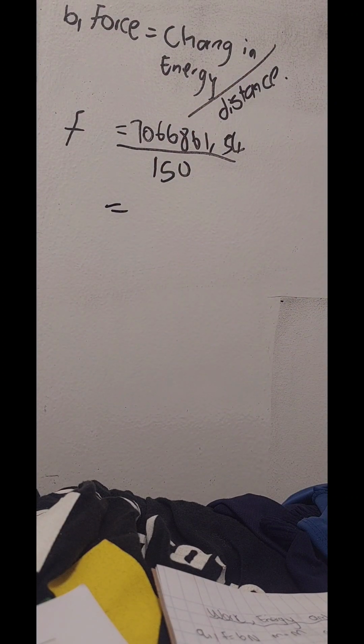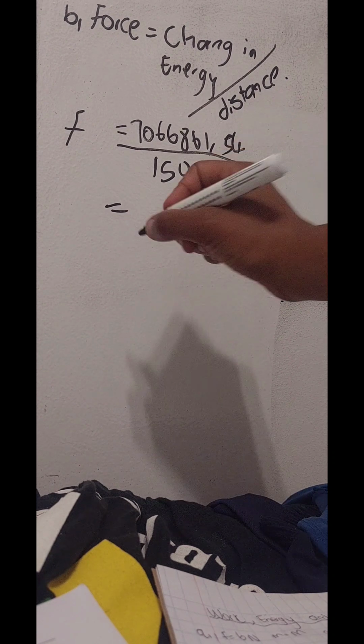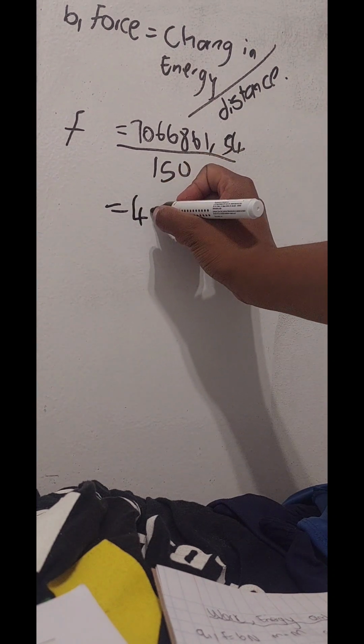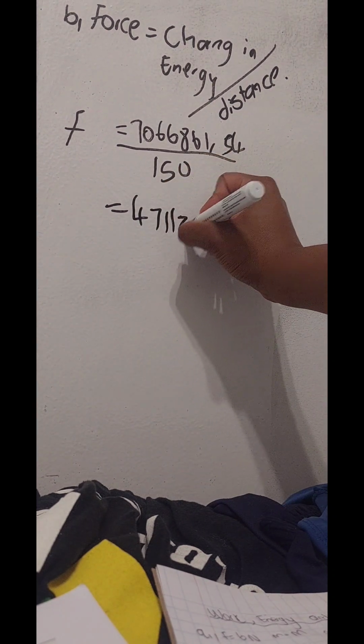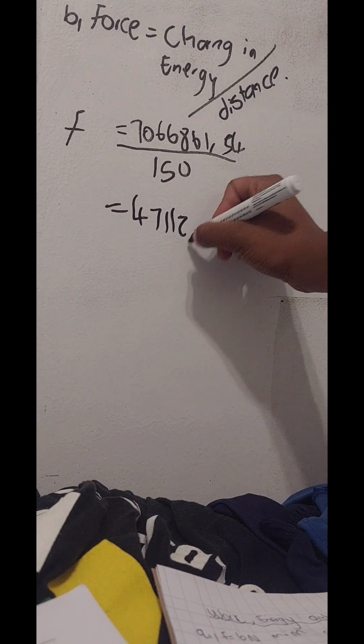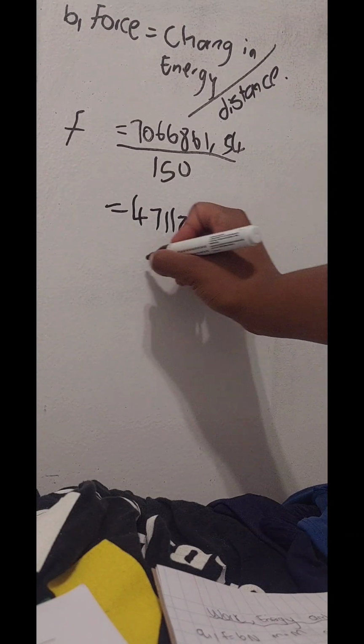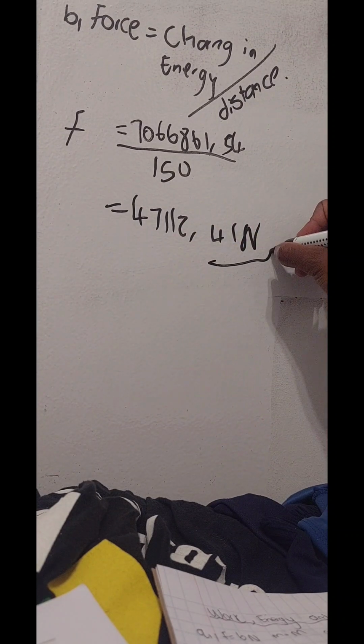So this is how easy it is. It's just change in energy divided by the given distance. 7066861.54 divided by 150. Check it. I get my force to be 47112.41, and it's measured in Newtons.